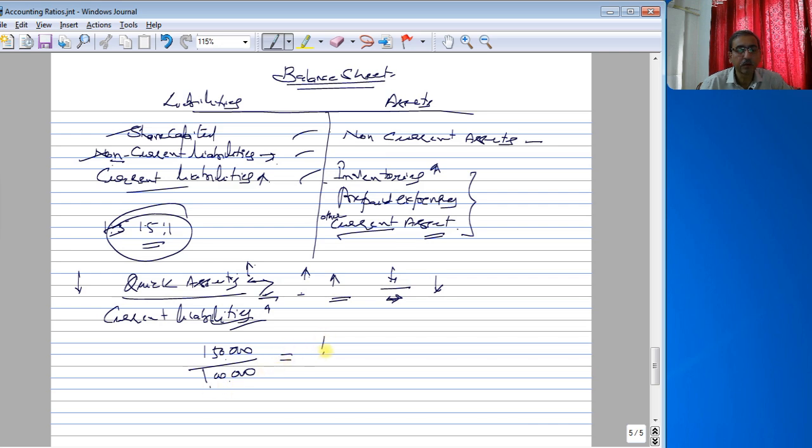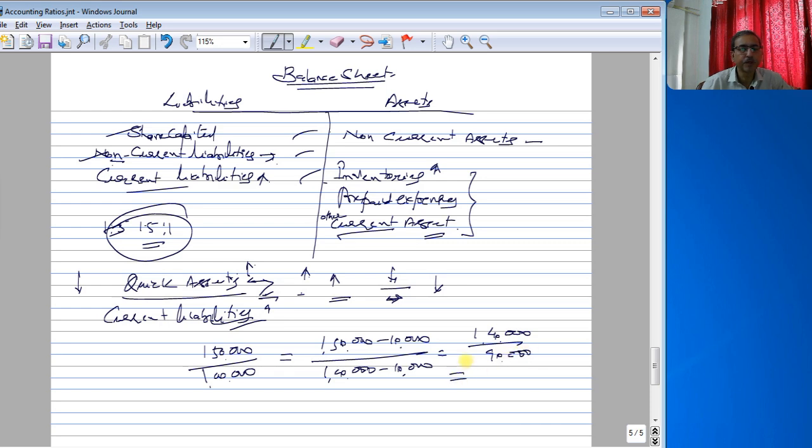So the liability reduced by paying cash, so cash will be reduced: 1,50,000 minus 10,000, and the 1 lakh of liabilities reduced by 10,000. So it will be 1,40,000 and you have 90,000.